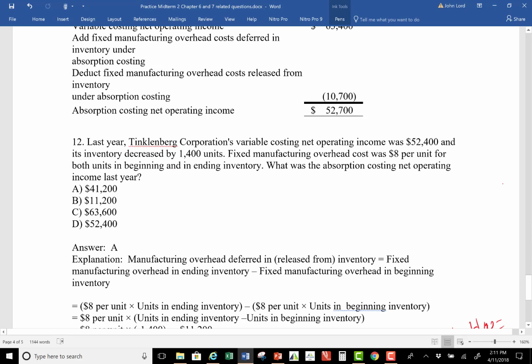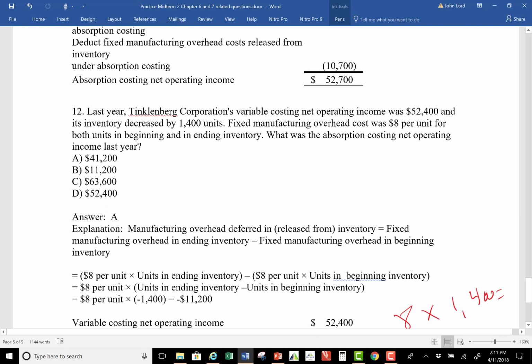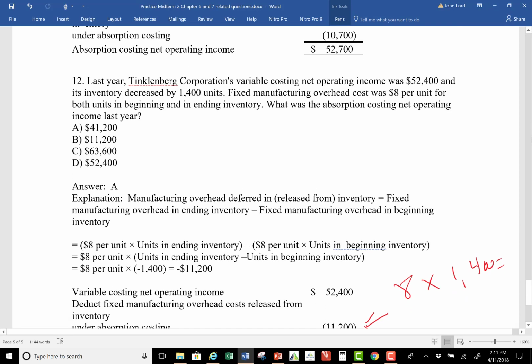Number 12. Okay. Last year, Tinkerbell Corporation's variable net operating income was 52.4. So when I see that, I'm going to go ahead and set that up, 52.4, and then I'm just going to see what happened to my inventory levels.